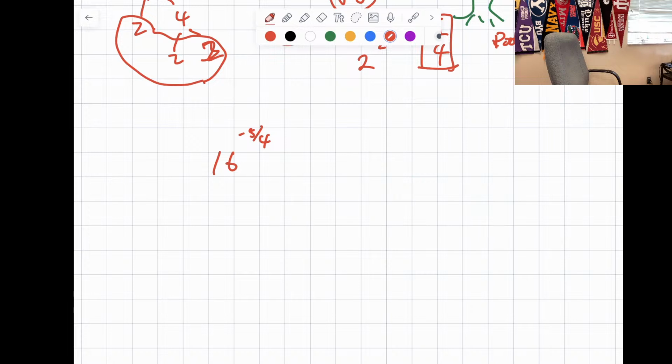It's power over. Not 16. What is 16? So think about which number multiplied by itself 4 times is going to be 16. There's one number multiplied by itself 4 times. So 1 times 1 times 1 times 1. Yeah, this is good. Very nice.